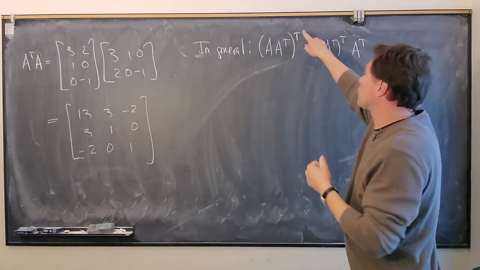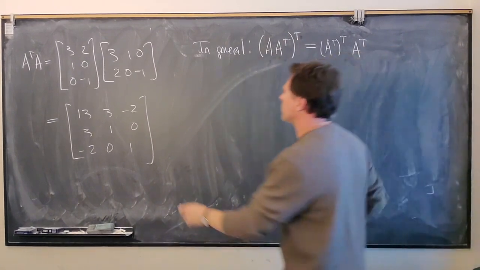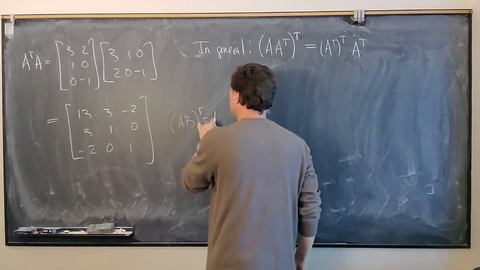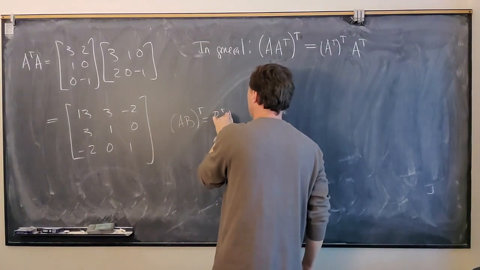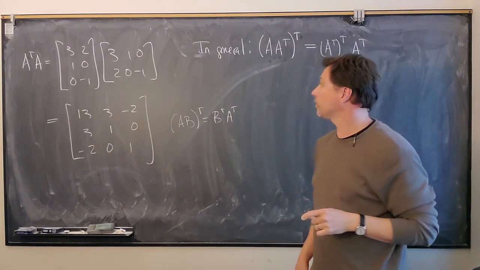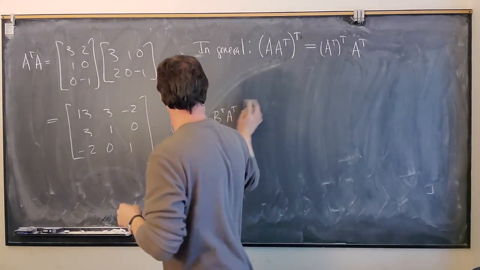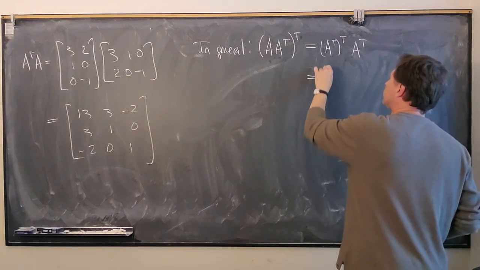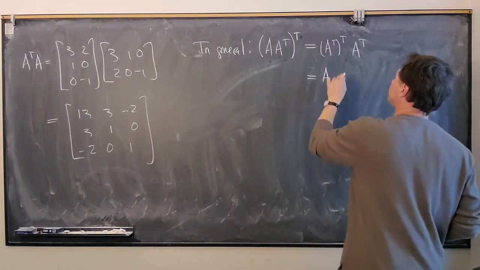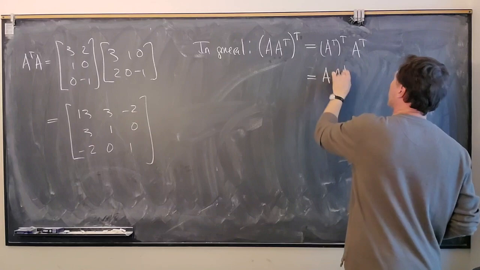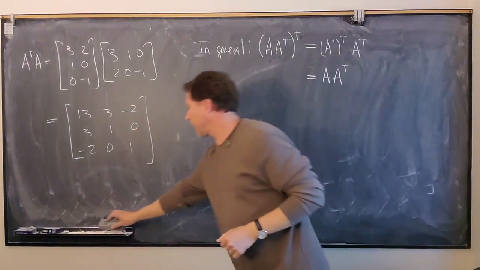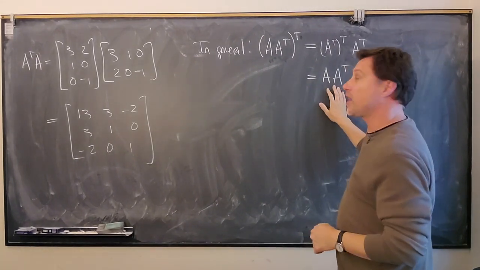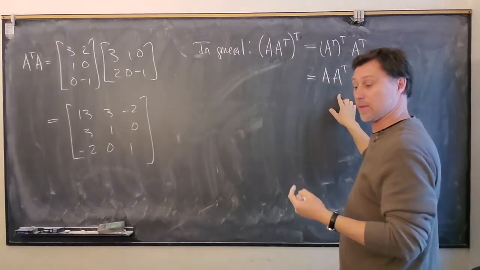Remember, when you take the transpose of a product, the property I'm using is that the transpose of A times B is B transpose times A transpose. Now, what's the transpose of the transpose? It's A. So what did we show? The transpose of A times A transpose is that matrix itself. In other words, A times A transpose is symmetric.